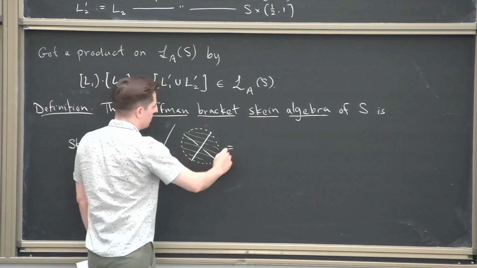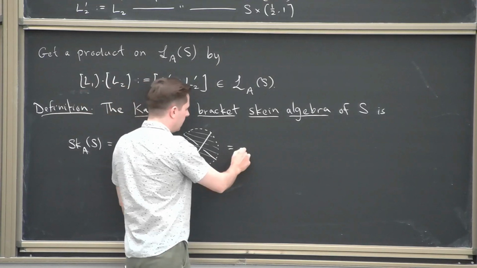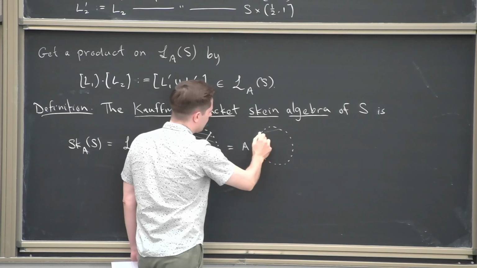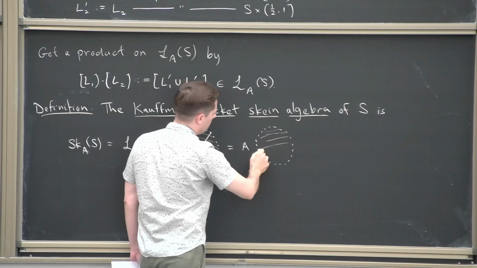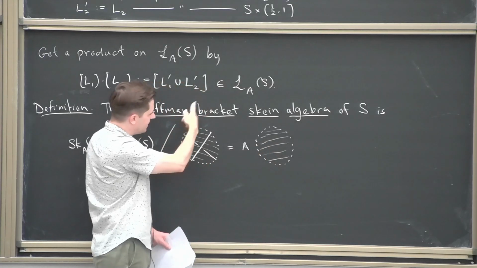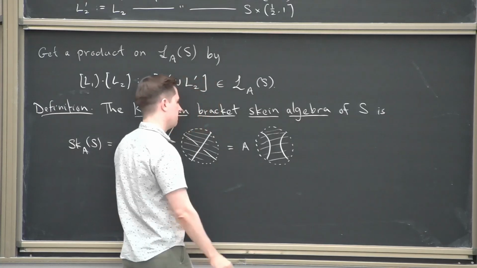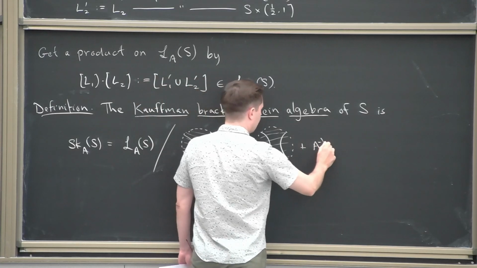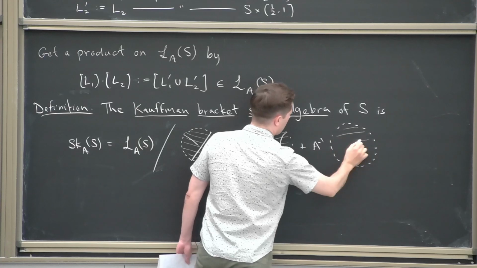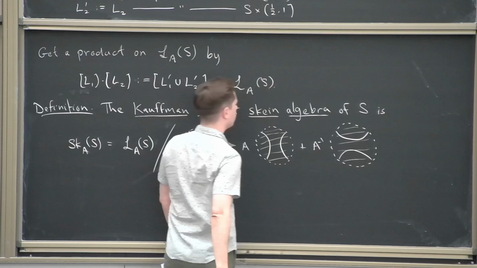And then we impose the relation that this link equals the following linear combination. So here's the same neighborhood, and here I consider a link which is the same as this one outside of the neighborhood, but inside it looks like this. And then we also take the other resolution, like this.